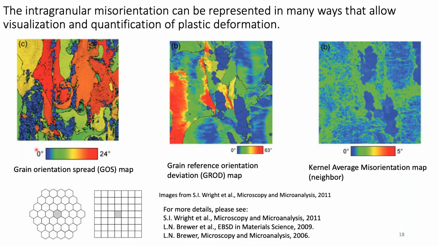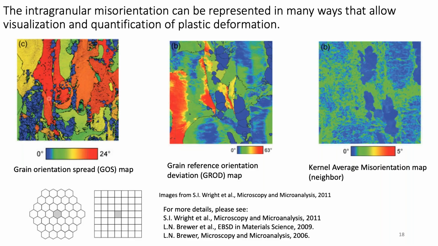And what I want to point out is I think about visualizing and quantifying plastic deformation in 3 bins. One is on a grain by grain basis, so here on the left. We're looking at what's called grain orientation spread, which is a way of calculating the average intragranular misorientation, inside a grain, but doing it on a grain by grain basis.